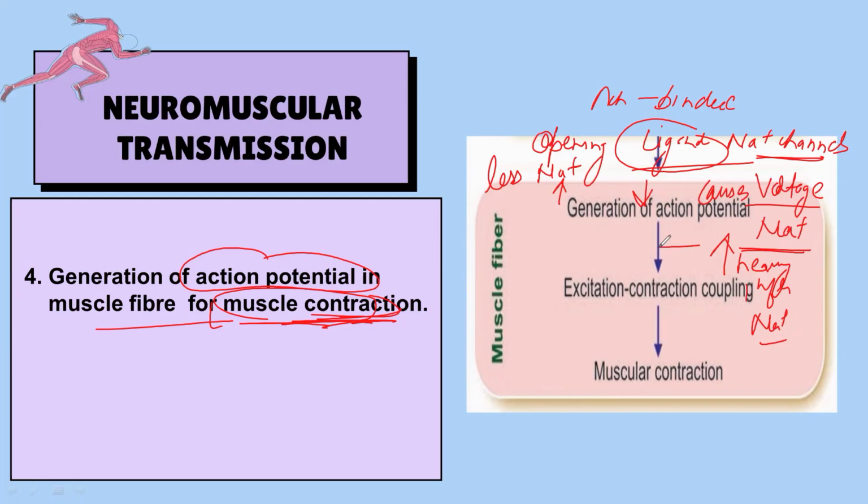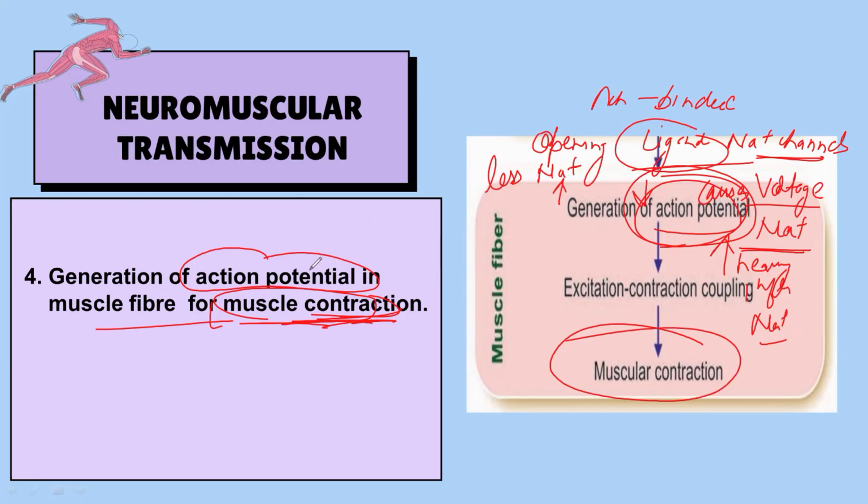Now there will be generation of an action potential. So finally, there is a transmission of the action potential from the nerves to the muscle cell, and this action potential causes muscular contraction.